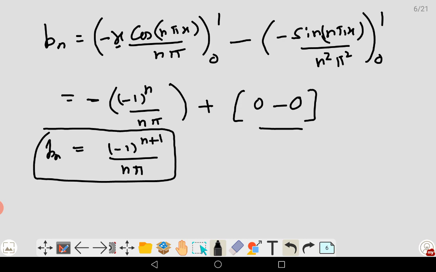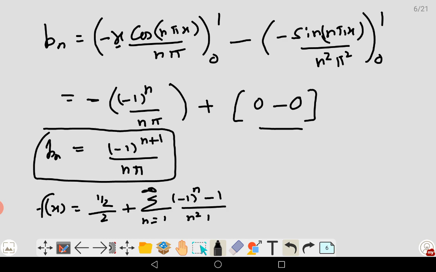So we got all the three terms. Now we substitute in the function f of x. a0 is 1 by 2, so 1 by 2 over 2, plus summation n from 1 to infinity. Write the an as it is. We don't need to expand. I just showed in the last problem how to write for odd and even values.